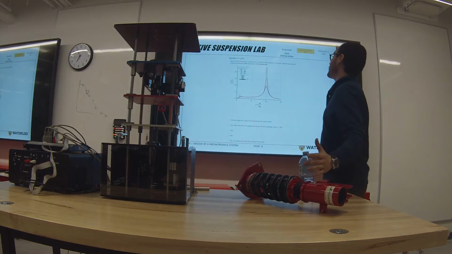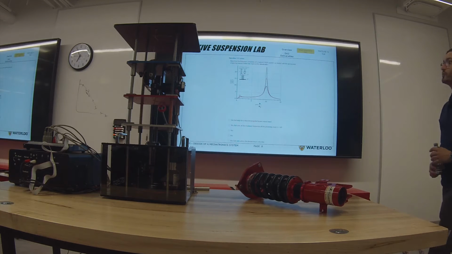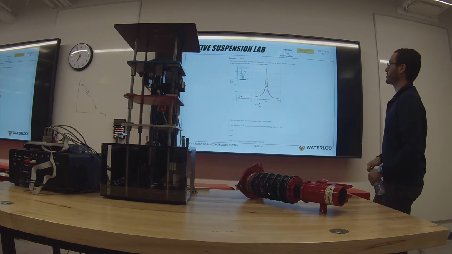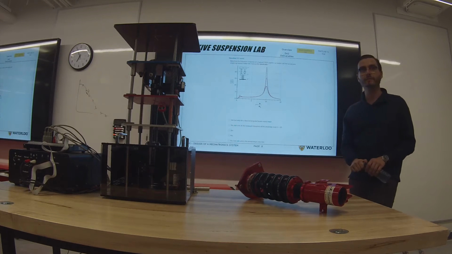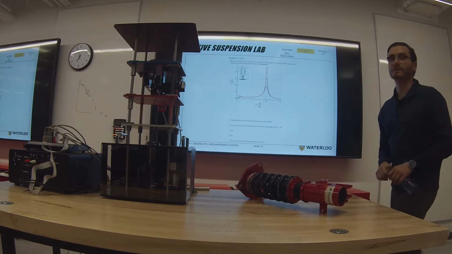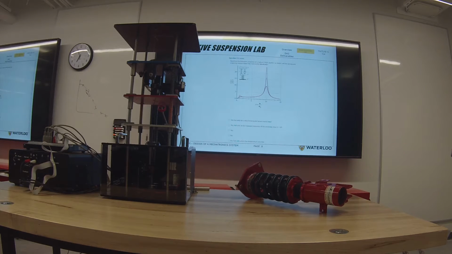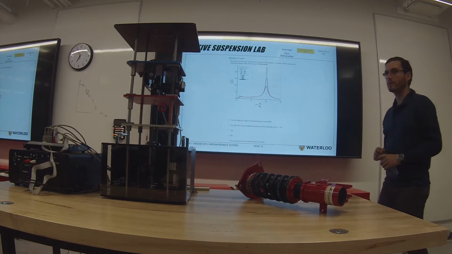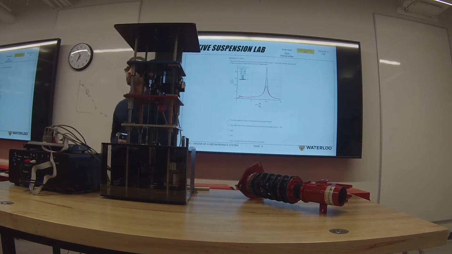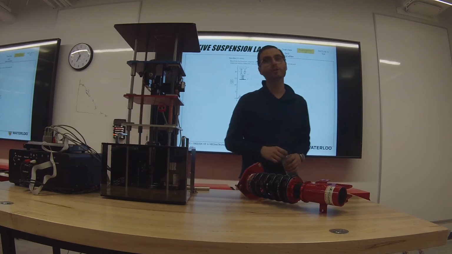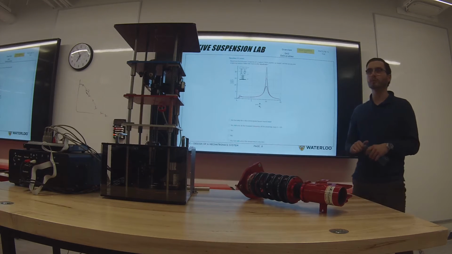Next question is, based on the frequency response of a typical 2 degree of freedom system or quarter car model, will the sprung and unsprung masses follow the road profile identically? So this is kind of what I just talked about. I'll give you about 20 seconds to think about it a little bit, then I'll talk.